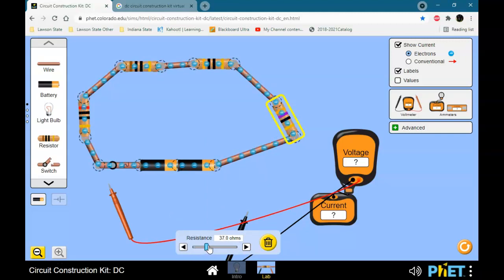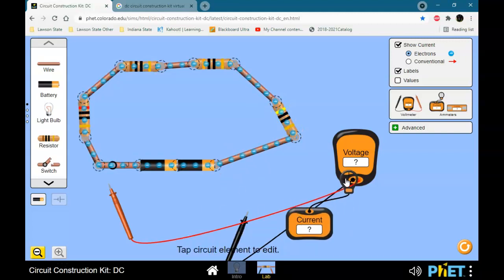What did you see happen to the current each time? We started off with 2.5 amps. We've now dropped to 1 amp. Why? Because my resistance increased. Because I increased it in a series circuit, it decreased through the whole circuit. Does that make sense? You kind of see what I'm talking about?